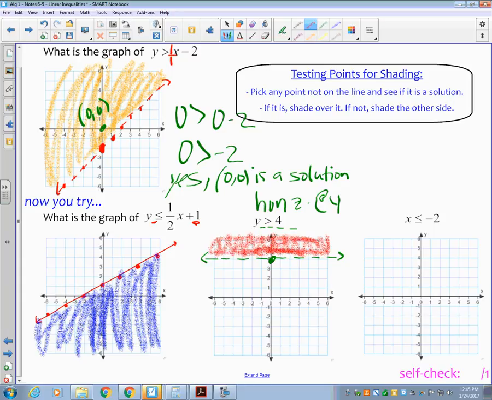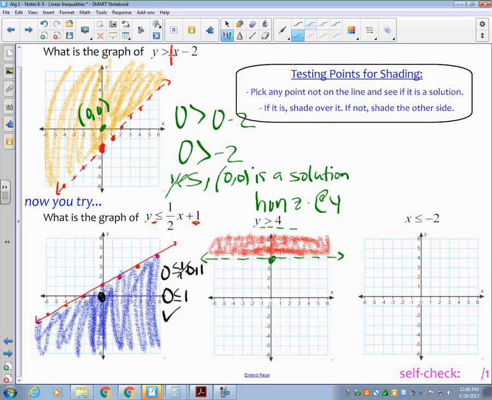One thing we didn't do on this first problem is to pick our practice point. So I'm going to pick (0, 0) because thankfully it's in our shaded region. I'm just going to test 0 less than or equal to 1/2 times 0 plus 1. 1/2 times 0 is 0. Is 0 less than or equal to 1? Check.